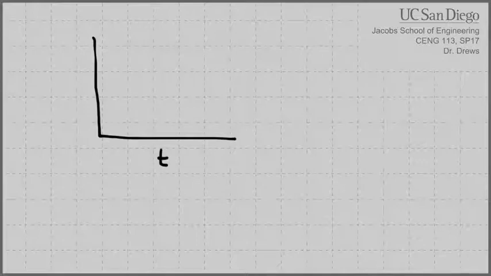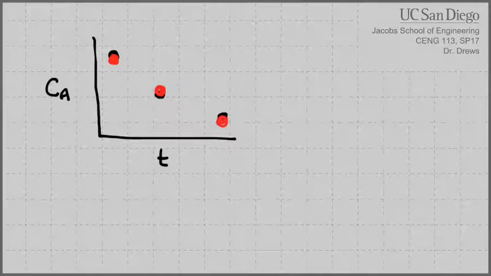So if I've got T here and CA over here, and I've got my measured values again like this, a really good combination of k and alpha will put those dots pretty much right on top of each other. They will probably not be directly on top of the data points, even if that method matches whatever true rate law you have. They usually will not get exactly on top of each other.